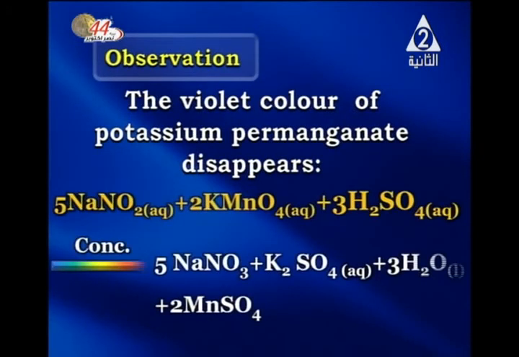As the equation proceeds on the screen, 5NaNO2 plus 2KMnO4 plus 3H2SO4 gives 5NaNO3 and K2SO4 and 2MnSO4 plus 3H2O, as the following animation shows.